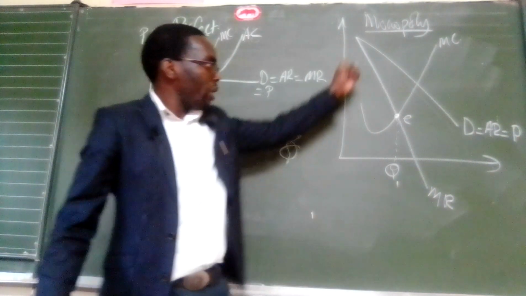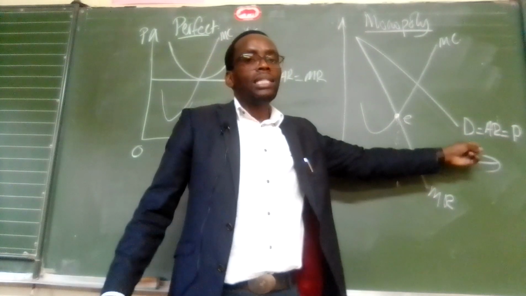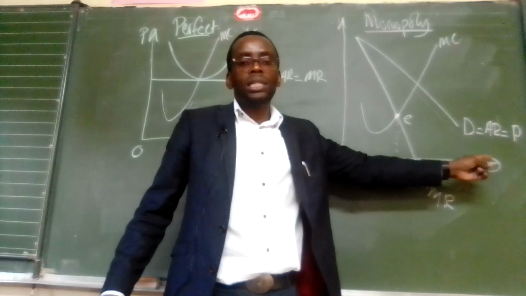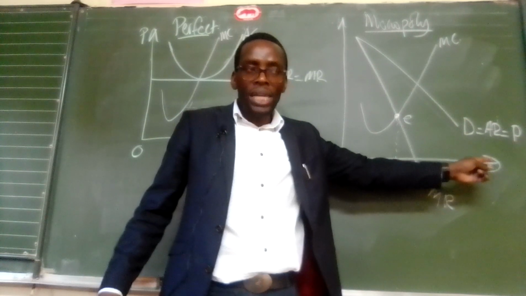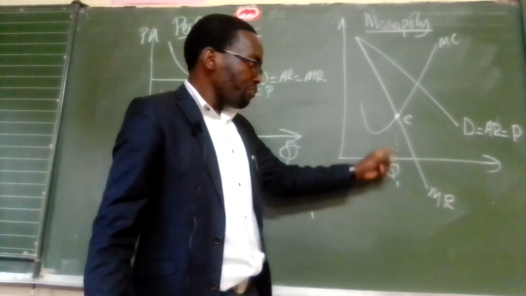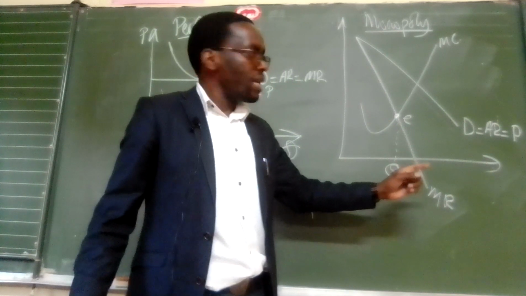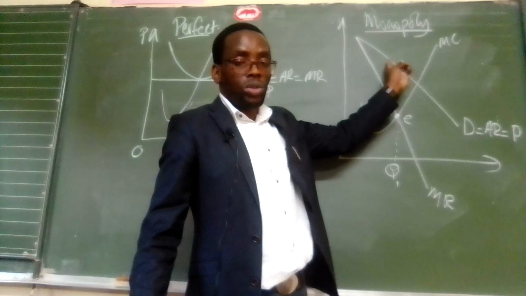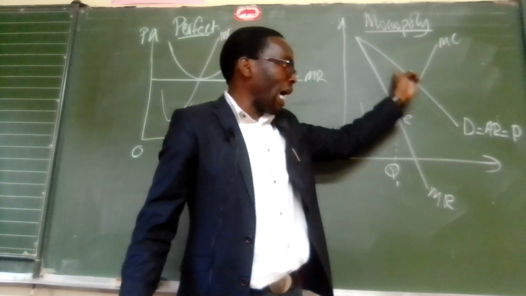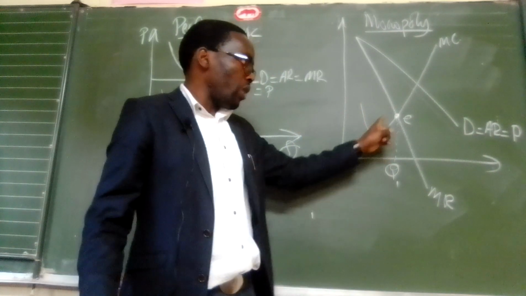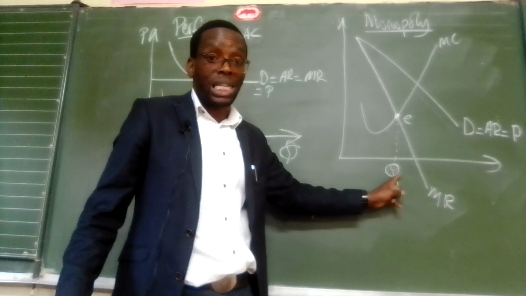Okay, and then we have this demand curve here. The demand is showing the quantity of goods that customers or buyers are willing and able to buy at a specific price. Now, what it would mean is the buyers, or the community, or the society, is willing to buy at this point here, but the monopoly firm is going to produce at profit maximization.